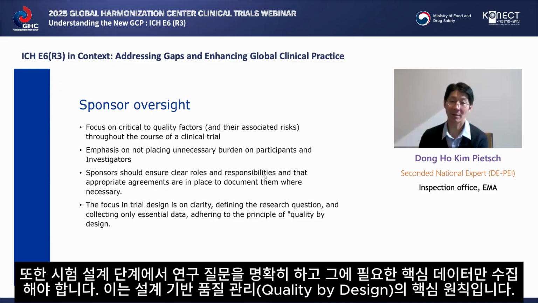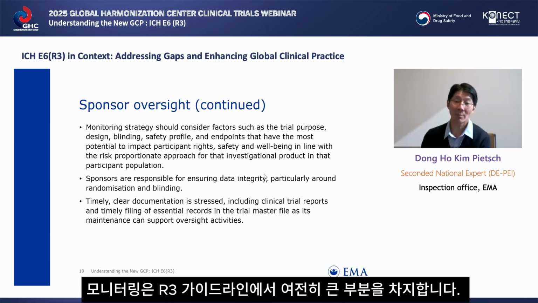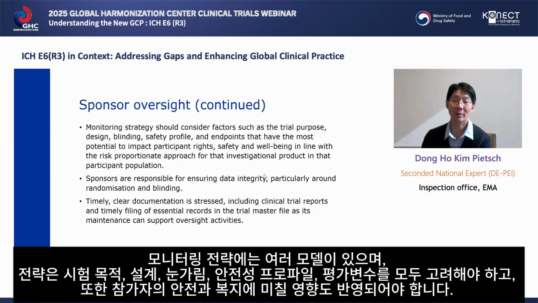Again, there is clarity in the trial design: really define the research question or questions, then collect data which are deemed essential to answer the questions, and adhere to the principle of quality by design. Monitoring is still a big section in R3, here with the monitoring strategy.